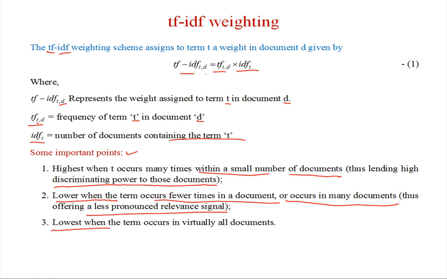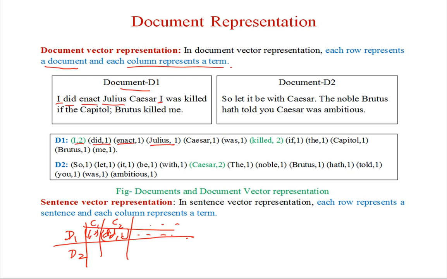It will be lowest when the term occurs in virtually all documents. For example, most noisy words or stop words generally occur in most of the documents. We generally filter the stop words, but some noisy words may occur in a lot of documents. It is not possible to find such words easily.